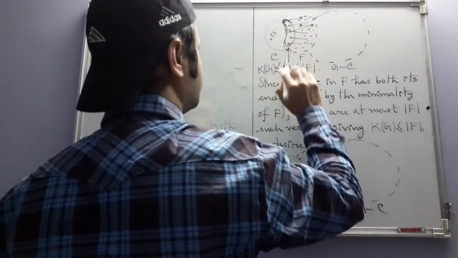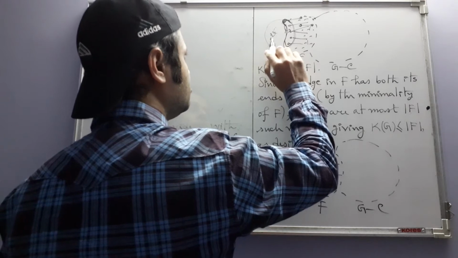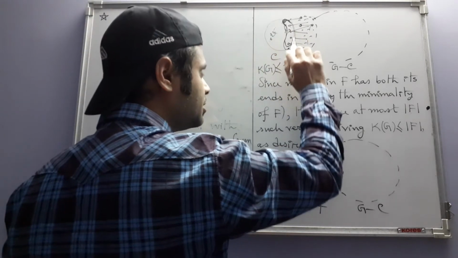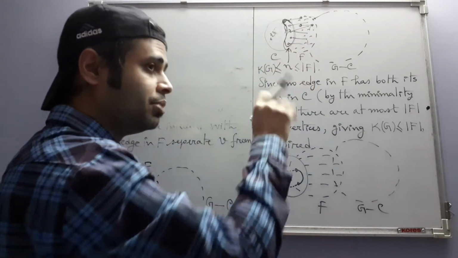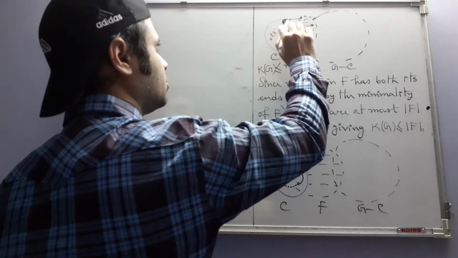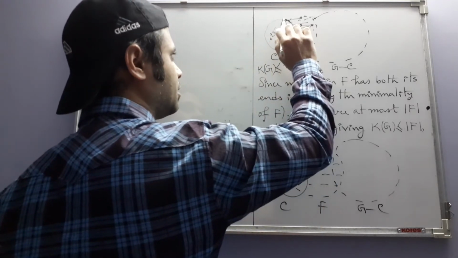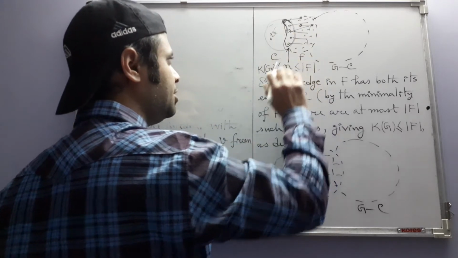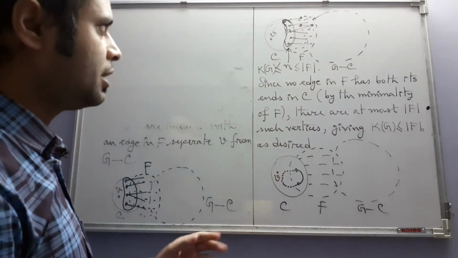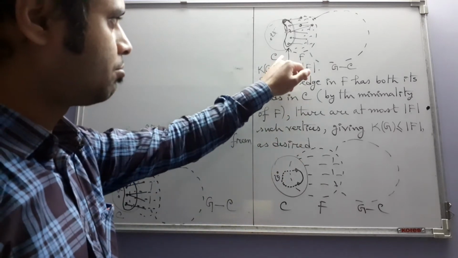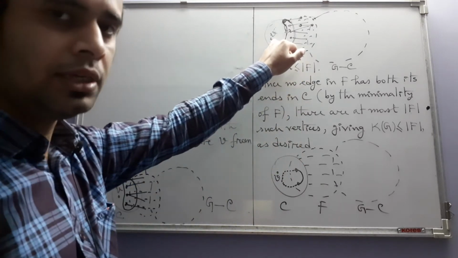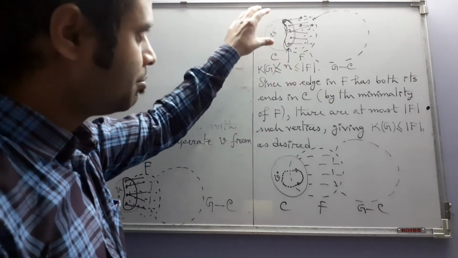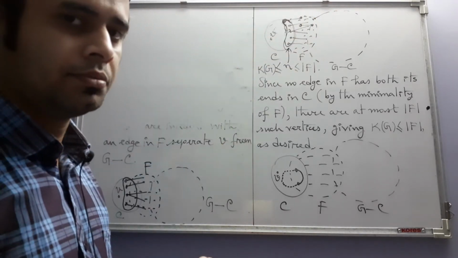That is because V is not among these vertices that are being removed. So after removal of these vertices, we do not lose everything from the component C. At least V stays there. So that makes the graph disconnected.